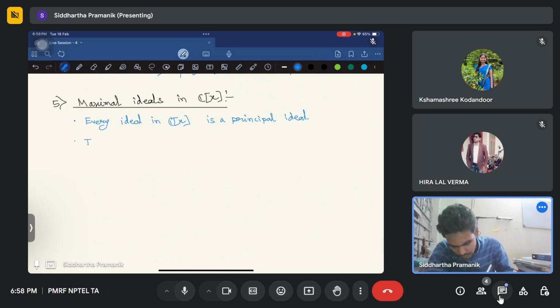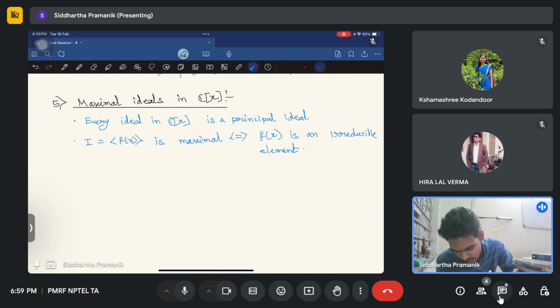And also we have seen, if I equals the ideal generated by f(x), this is maximal if and only if f(x) is an irreducible element, right?